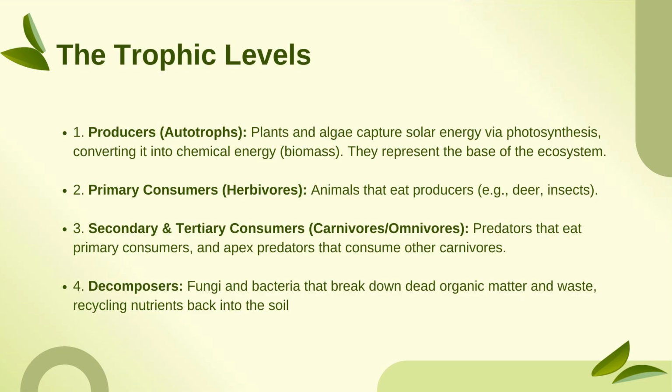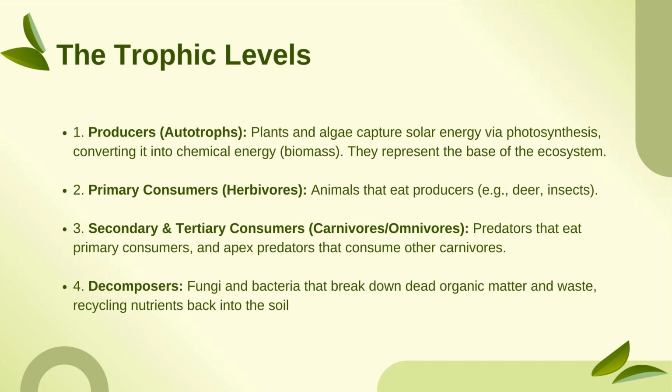Next come the primary consumers. They are called herbivore animals. Animals that eat what the producers produce are called herbivores, like the deer, elephant and all. The secondary and tertiary consumers are carnivores or omnivore animals.